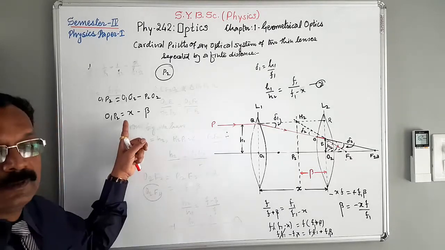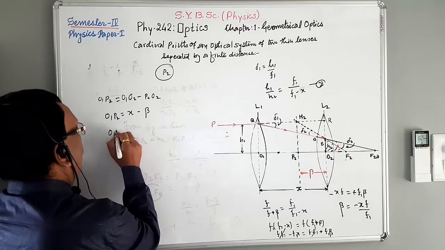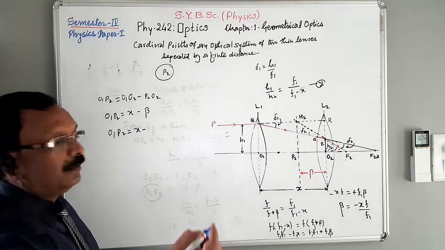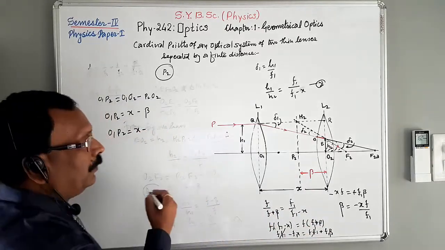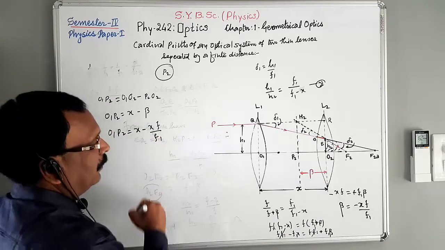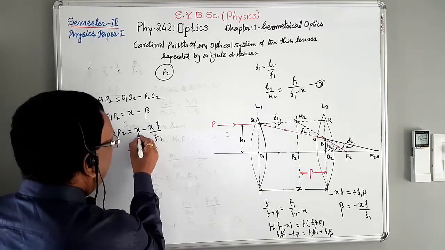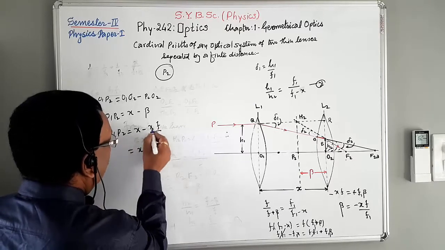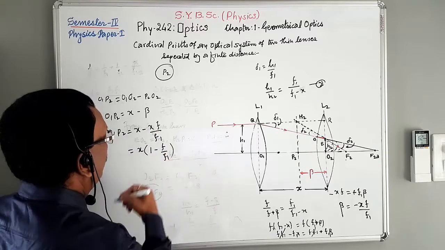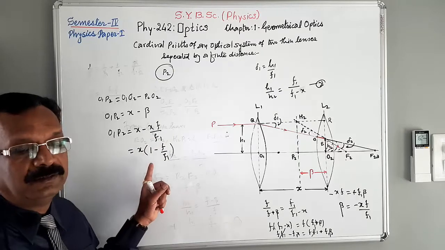Now here O1 P2 is equal to, again, x. What is the value of beta? Already this. So x f upon f1. Okay. Take x as a common, x in bracket 1 minus f upon f1. When we take x as a common, we have this equation.